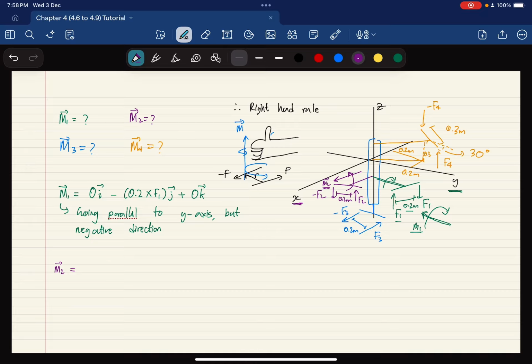So therefore, it would just be F2 times 0.2, and it's positive for the i component. And for the j component it's 0, and your k component is 0. Okay, so far so good. So in this case, M2 is going parallel to the x-axis in the positive direction.